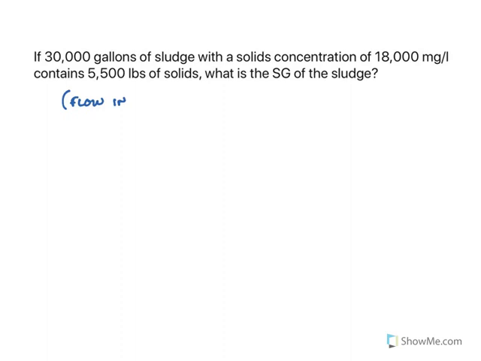Now, this is important: flow in million gallons, or million gallons per day, times solids concentration in milligrams per liter, otherwise known as parts per million, times 8.34 is going to give you pounds of solids.